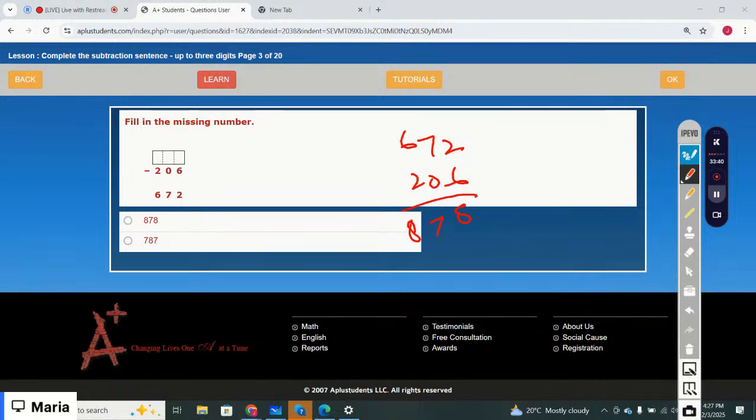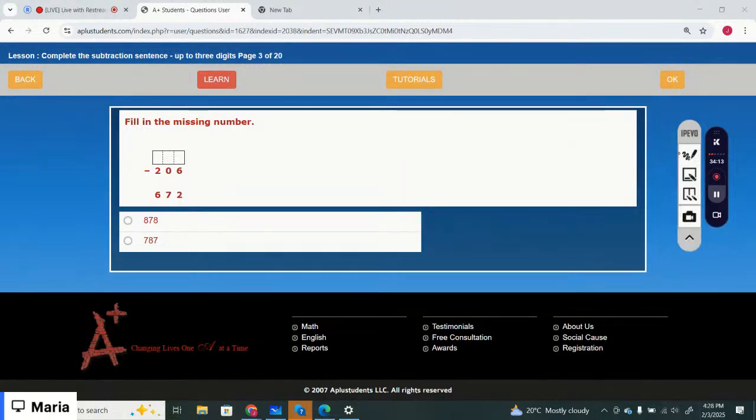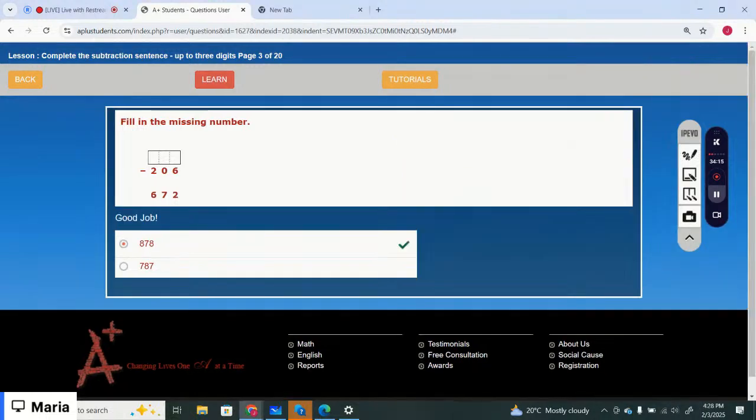That is 878. The correct option is 878. Option number 1 is the correct option.